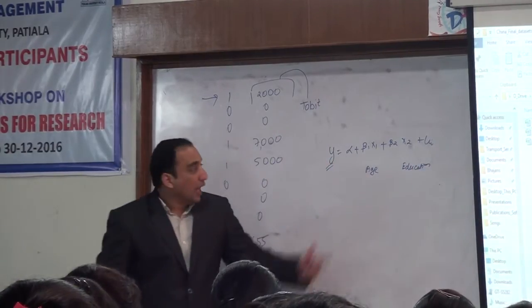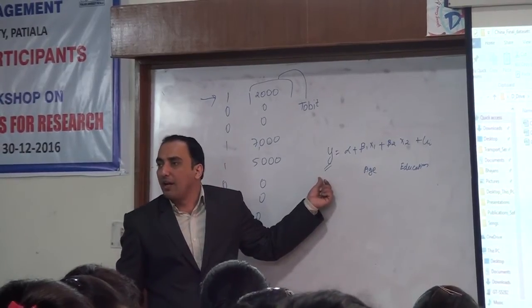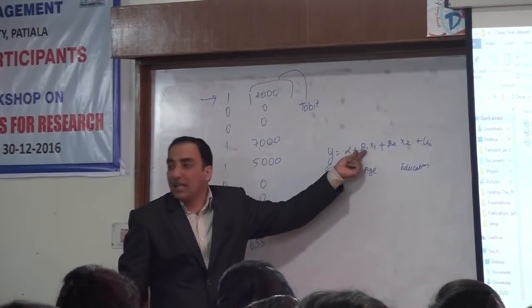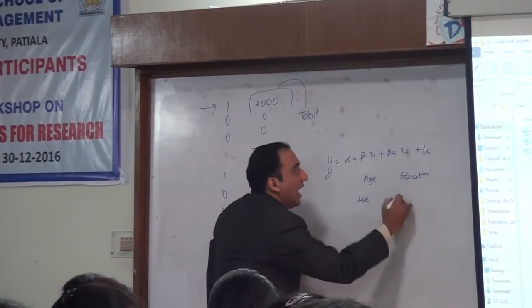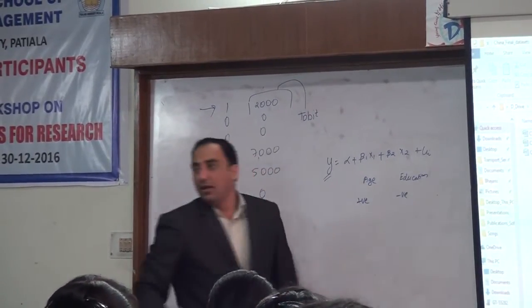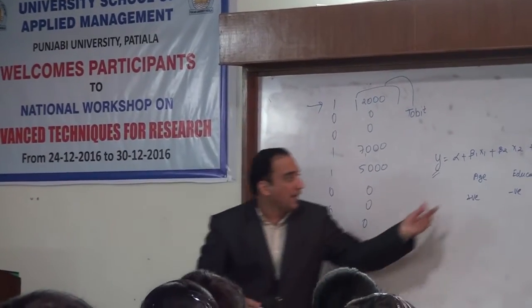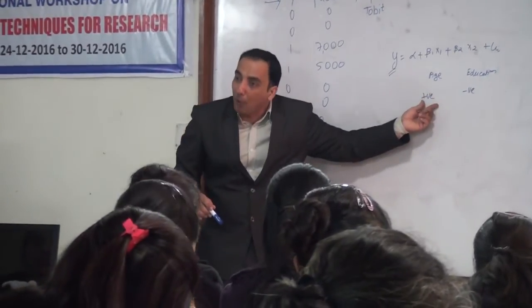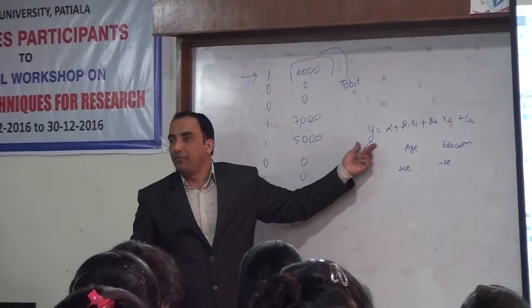Now y is the probability that a customer will default on a payment. Suppose beta 1 has a positive value and beta 2 has a negative value. How will we interpret? With every increase in age, the probability of default increases.